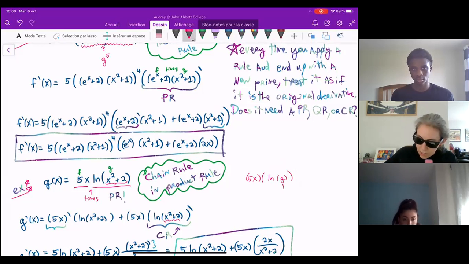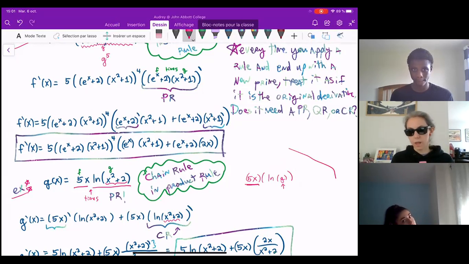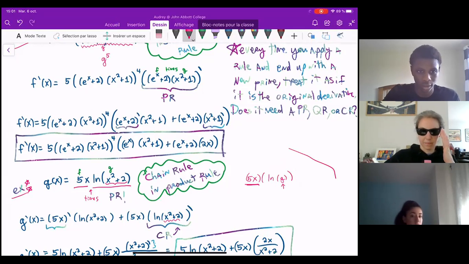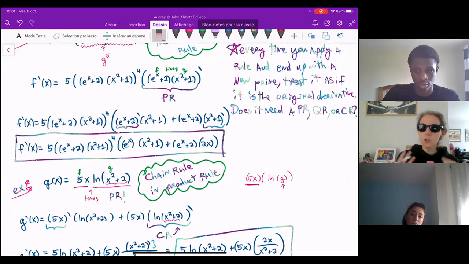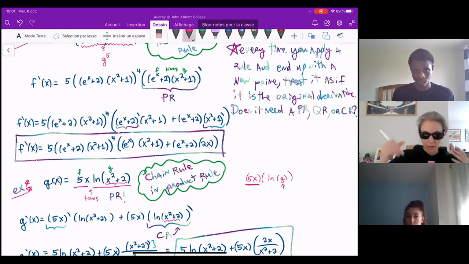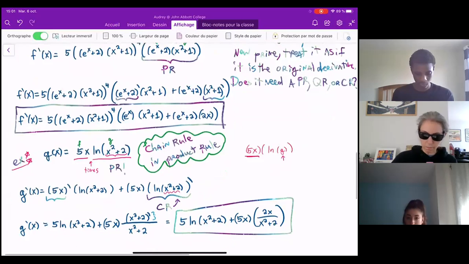So that g is not to a power, it's just inside my ln, but then I have this other thing that has nothing to do with it. Does that help? Yeah, thank you. Okay, let's do the same thing with the quotient rule, and hopefully that's going to really help this to make some sense.